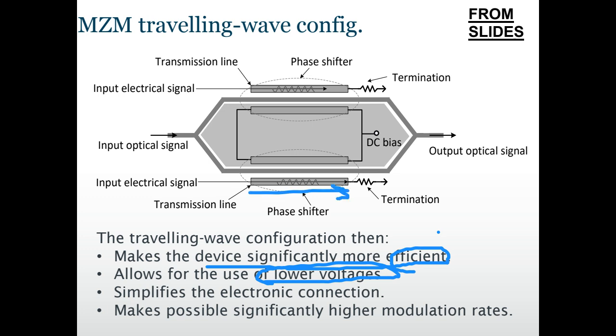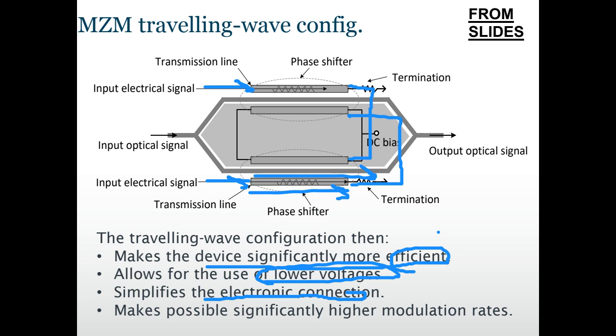We also simplify the wiring, because originally the wiring of the metal strips would cross the arm. But now we apply electrical signal input from two separate metal strips, so the wiring becomes simpler.